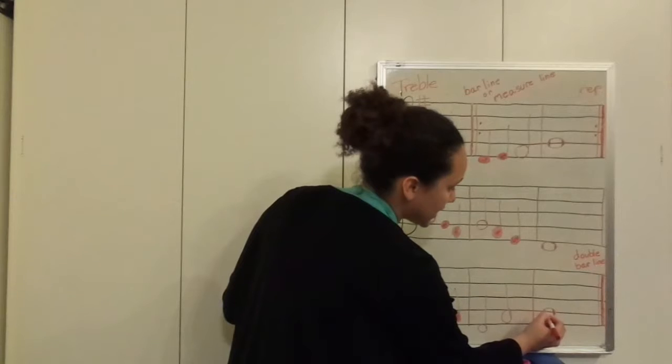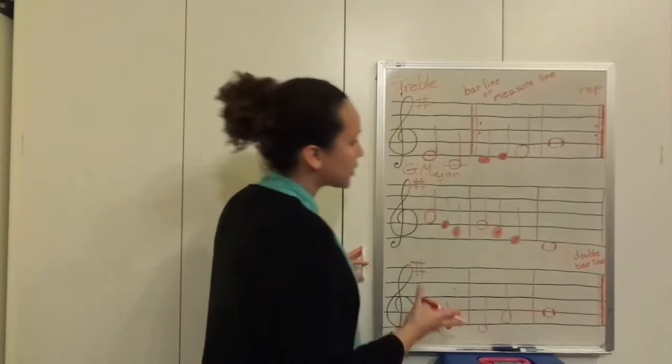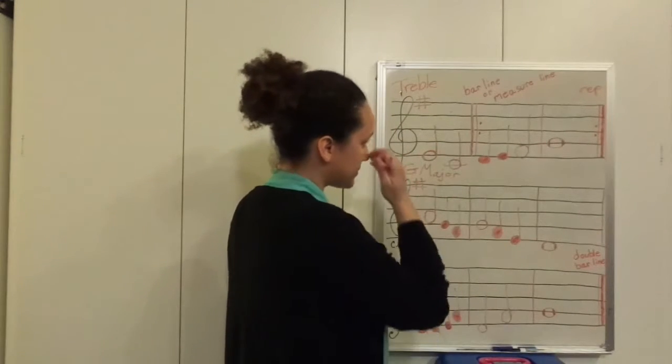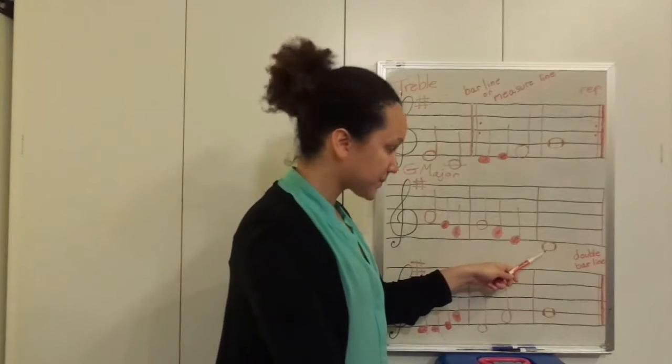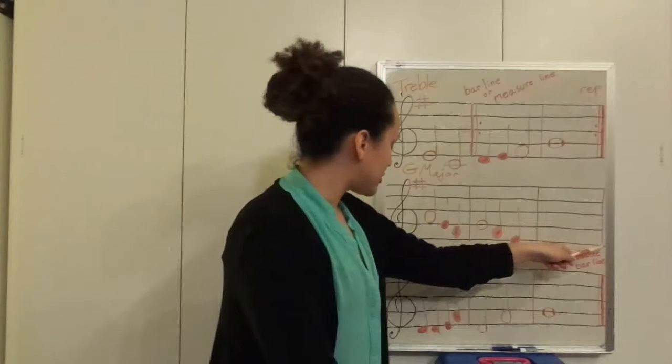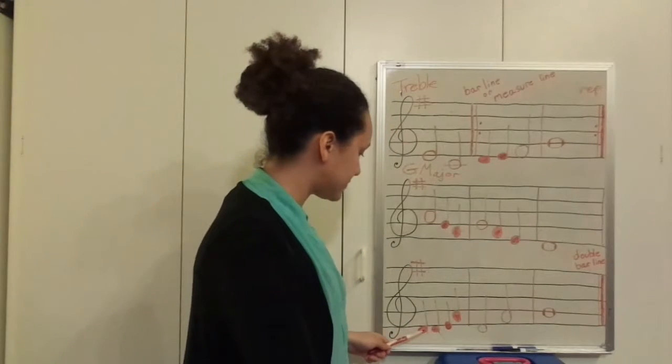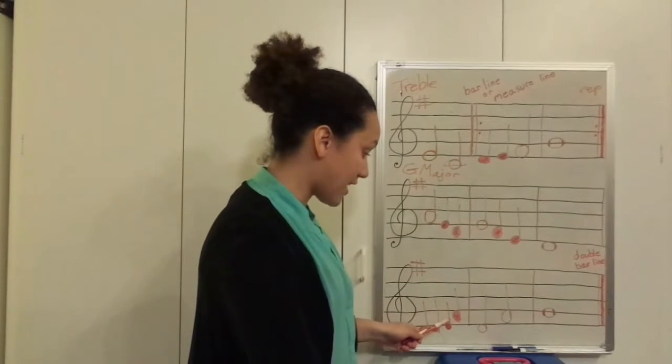And then because we're in the key of G major, we're going to end on the G. So let's try that. We're here, no repeat signs, we continue on. There's the F sharp.